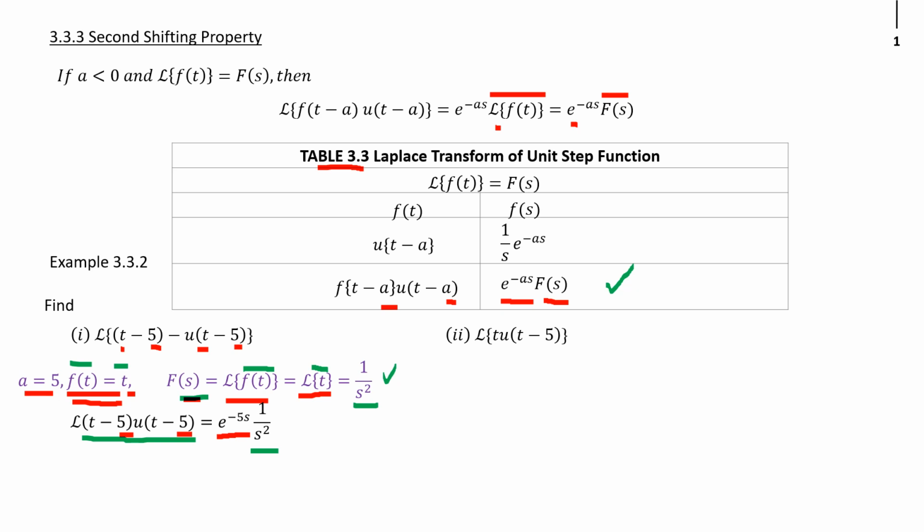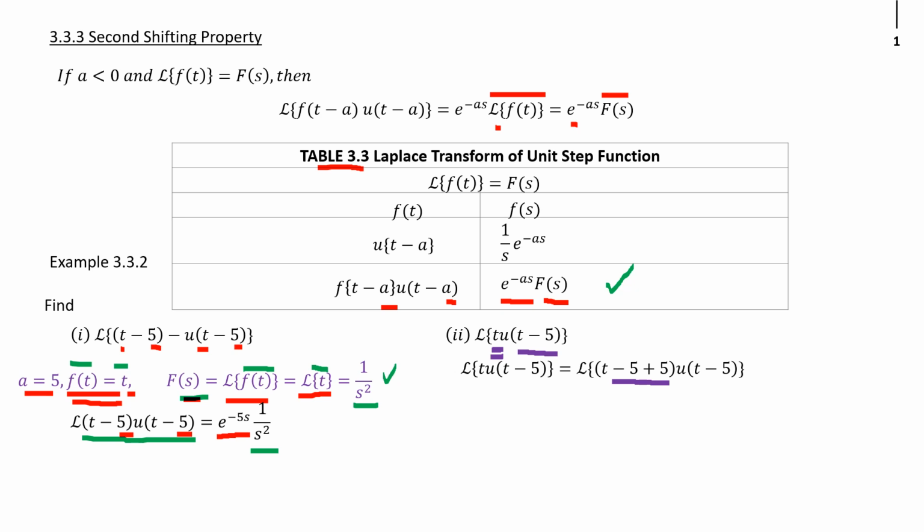Okay, the second one: find the Laplace transform of t u(t minus 5). If you look here, t here is single, so we need to do a bit of work to make it equal to t minus 5. This is the way. From t alone, we minus 5 and plus 5.